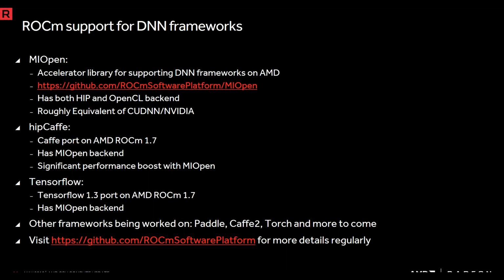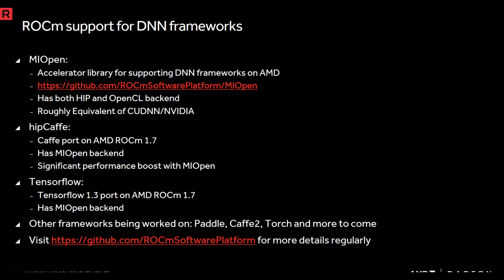That library has to be linked with the HIP Caffe converted through HIP, and then it accelerates some 10 to 15 times over HIP Caffe. MIOpen interestingly has both HIP and OpenCL backends, and you can use either depending on the application needs.